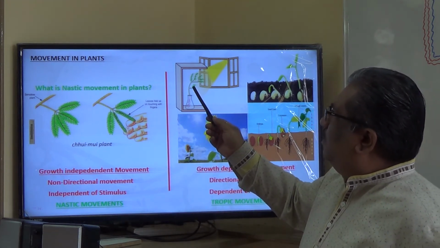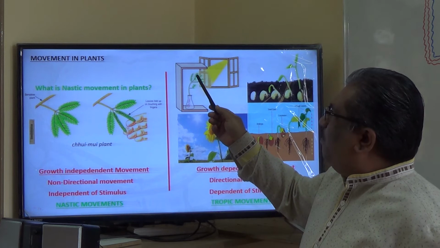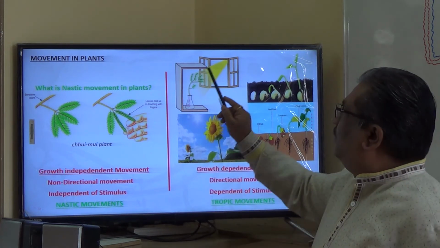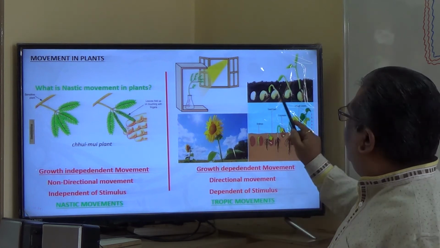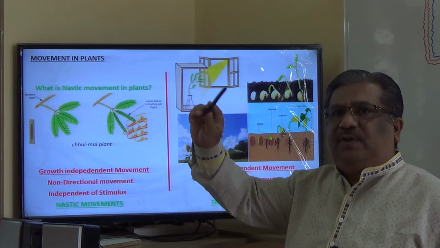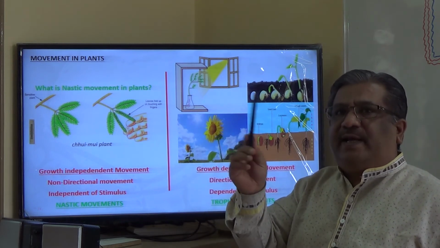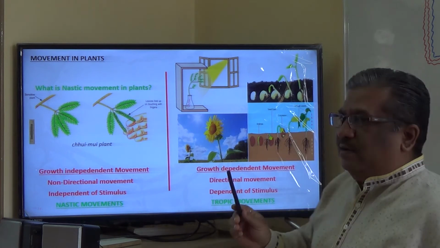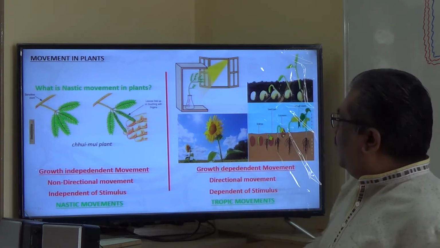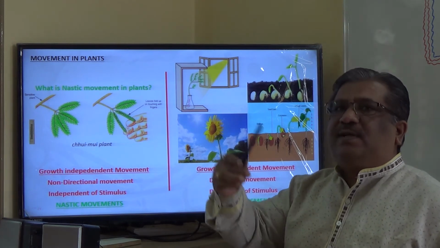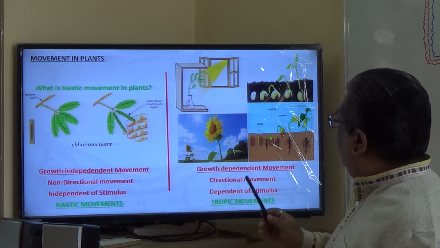Here the top part of the stem is taking a direction towards the sun. The shoots are growing above the ground against the direction of the force of gravity. Roots are growing towards the direction of gravity. The sunflower is getting directed towards the direction of the sunlight.